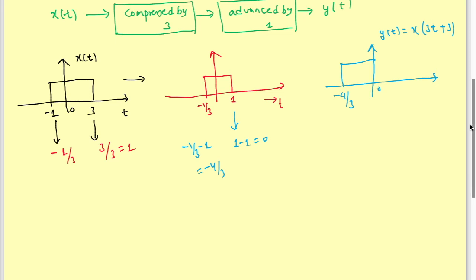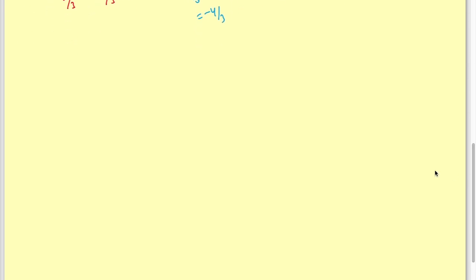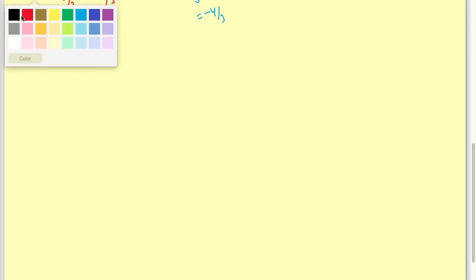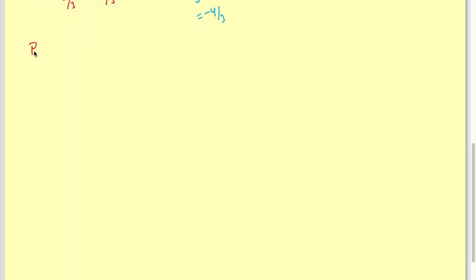Now if I do it with the help of our right hand side approach, that is RHS. In RHS, what we need to do is x of 3t plus 3. If I move from this direction, first I will see here 3, positive 3.